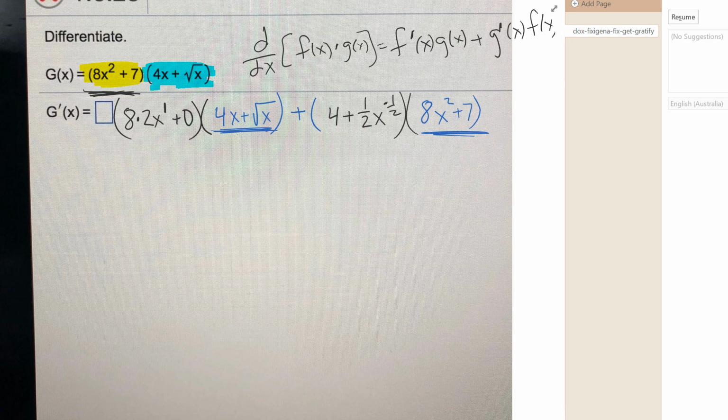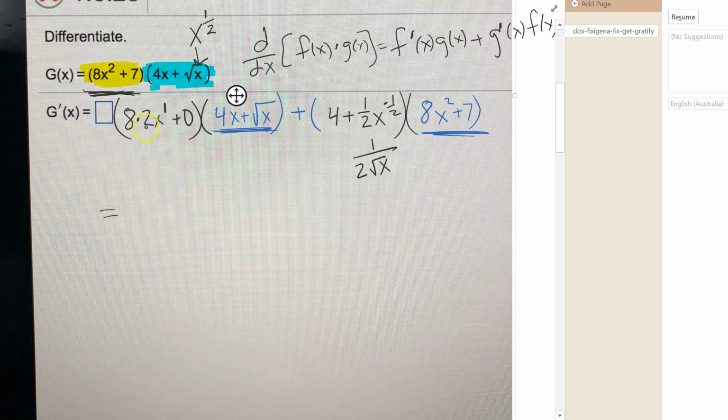And a lot of times, anytime I have the square root of x, I'll write that as x to the 1/2. Just to clarify, the derivative of x to the 1/2 is 1/2 x to the minus 1/2. Sometimes you'll see it written as 1/2 the square root of x, but 1/2 x to the minus 1/2 is completely acceptable.